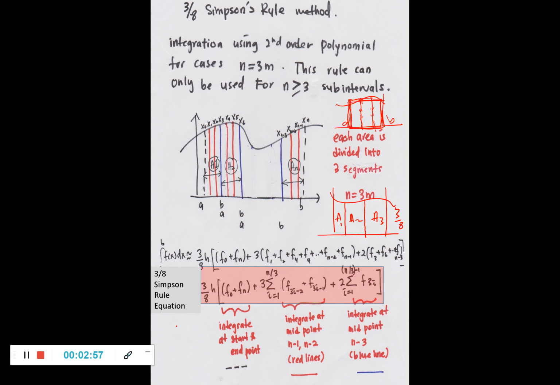Bezanya dengan 1/3 is kalau 1/3 you cuma boleh the minimum area is 2. You boleh bahagi kepada dua segmen je, A1 and A2. Tapi kalau kita nak bagi kepada tiga segmen, kita kena guna formula 3/8. This is 1/3 formula.